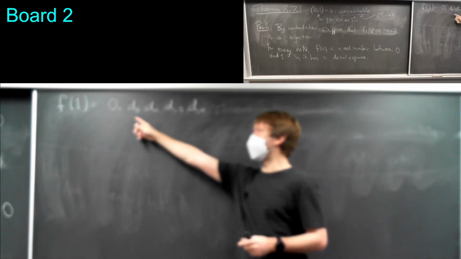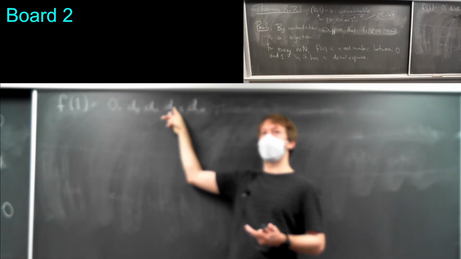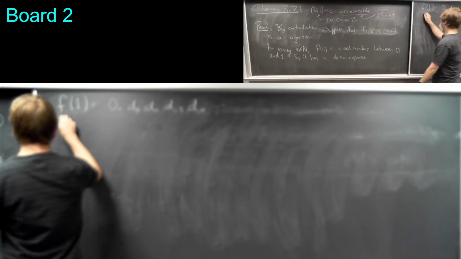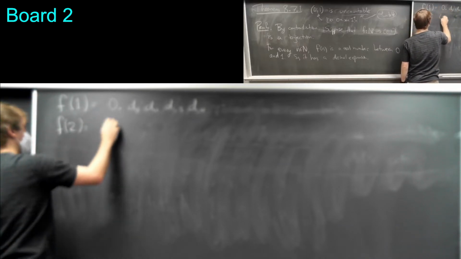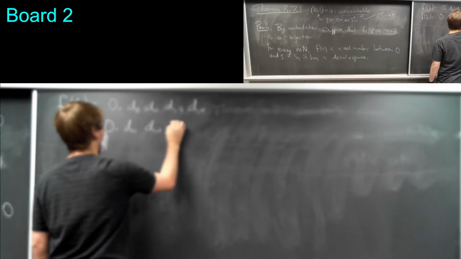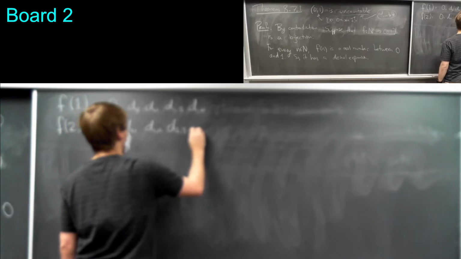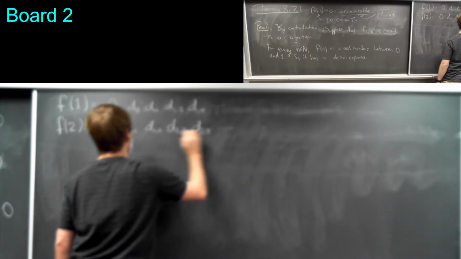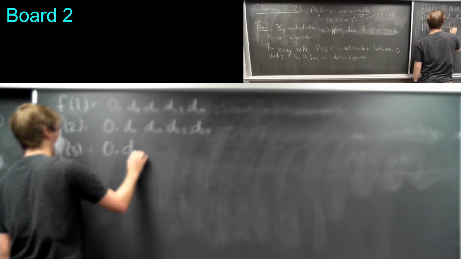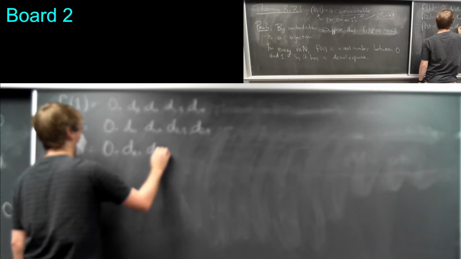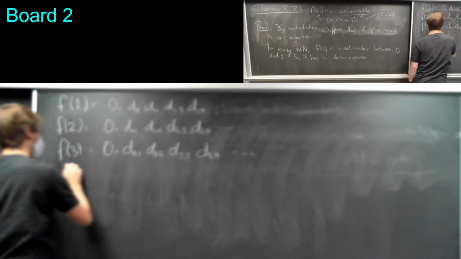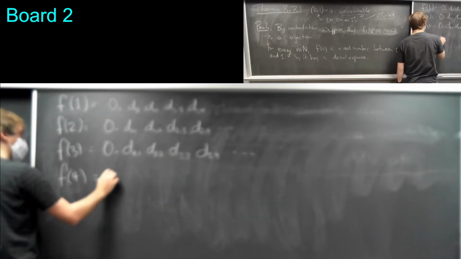Is it clear what this notation means? I'm talking about the first decimal, second decimal, etc. And then you can write out f of 2. It's going to be 0 point, let's say, some number d21, d22, d23, d24, etc. So f of 3 is d31, d32, d33, d34, etc. And let's say f of 4, so I'll stop at 4.